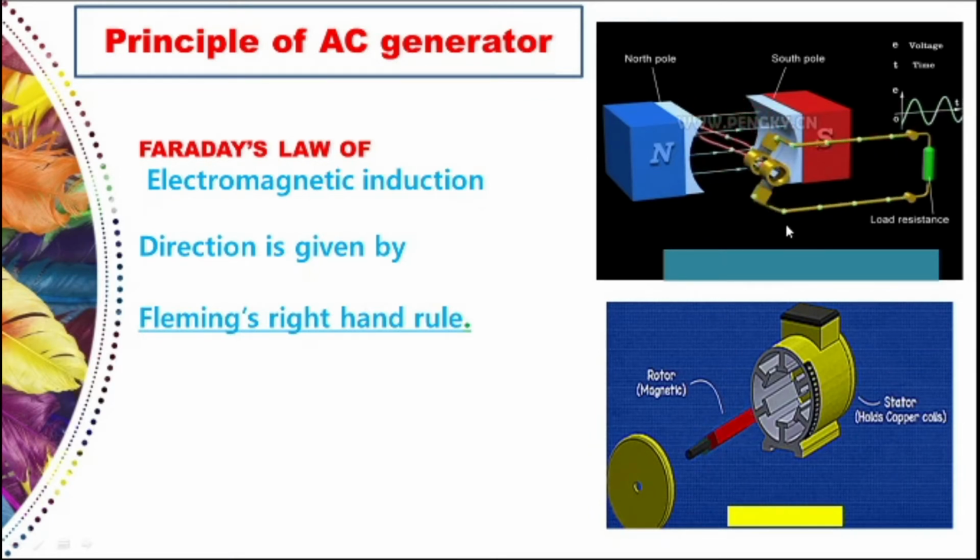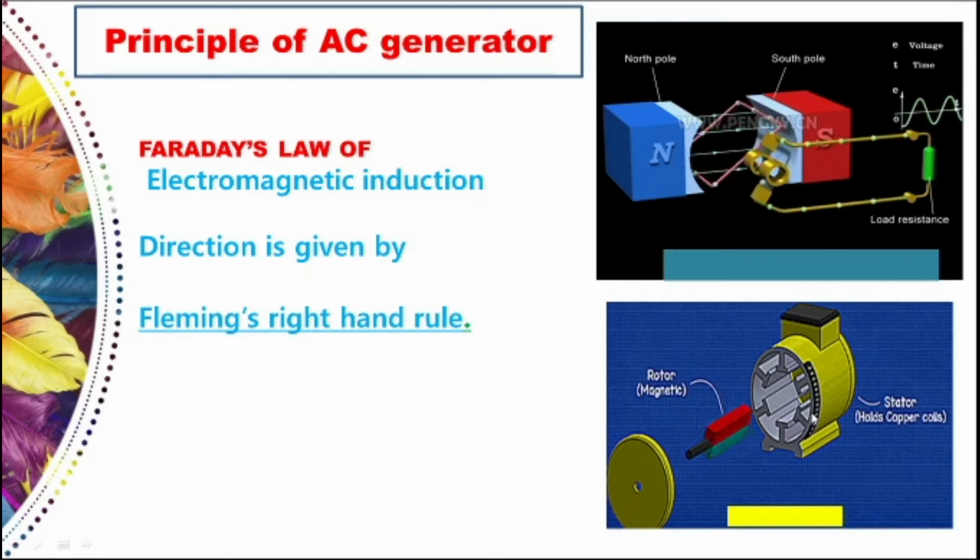So this is a rotating coil type and this is a rotating field type. In our lesson we are going to learn about this rotating field type, where the coil is going to be kept stationary.